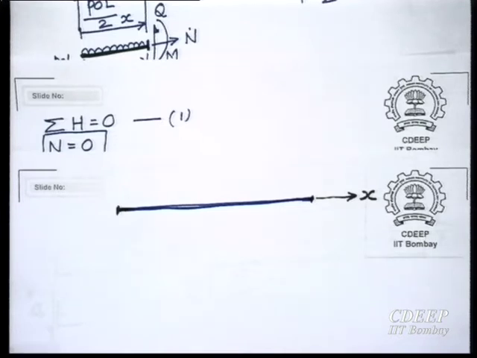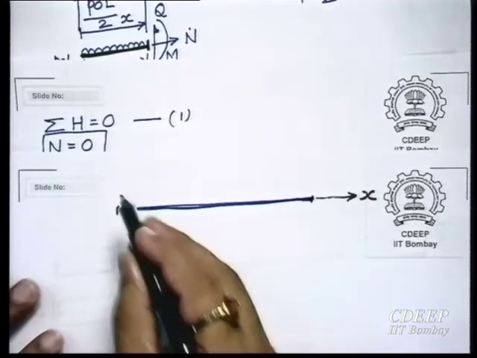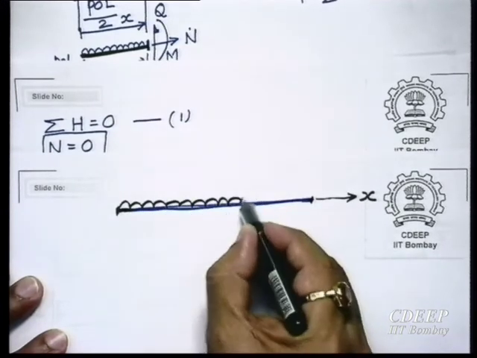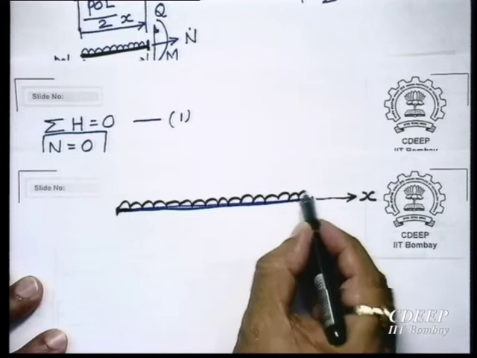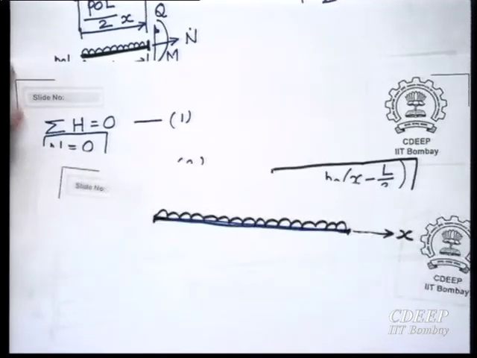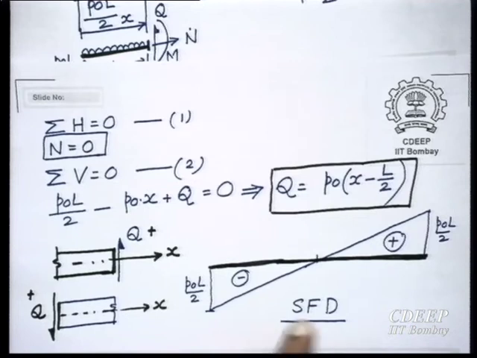Negative x. Load is acting like this. Load is downwards. So a shear force which is coming negative, I think this is PL by 2 here.